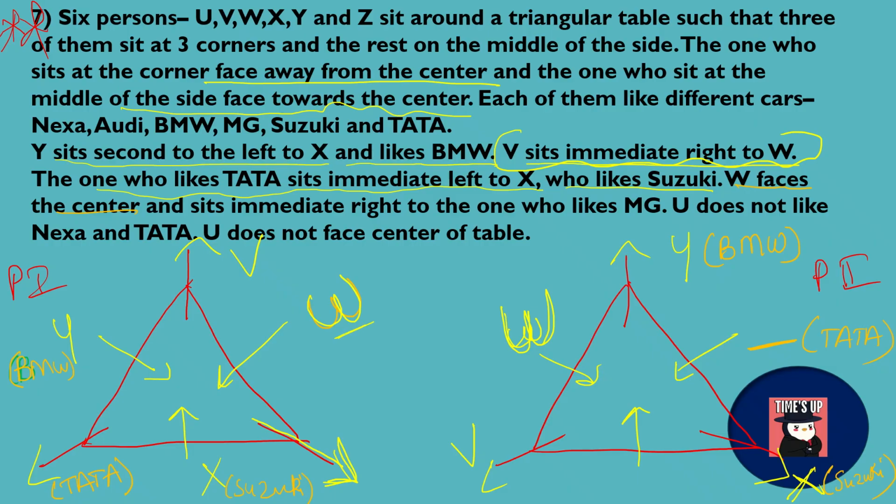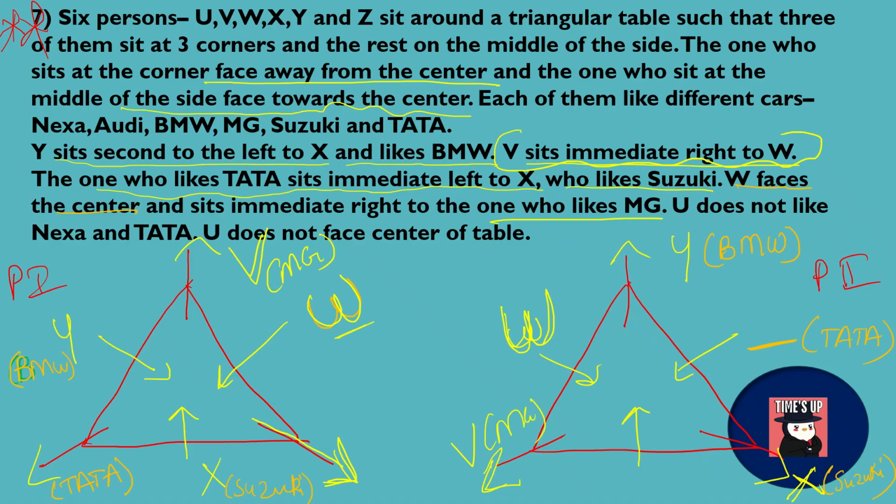W sits immediate right to the one who likes MG. So who will like MG? V will like MG. So MG will sit here near V. In the second possibility, if W is facing towards the center, W sits immediate right to the one who likes MG. So this is MG.